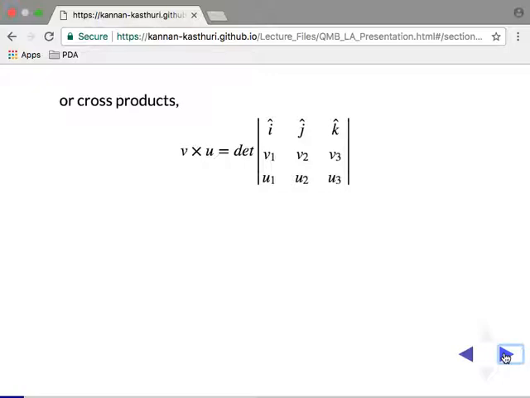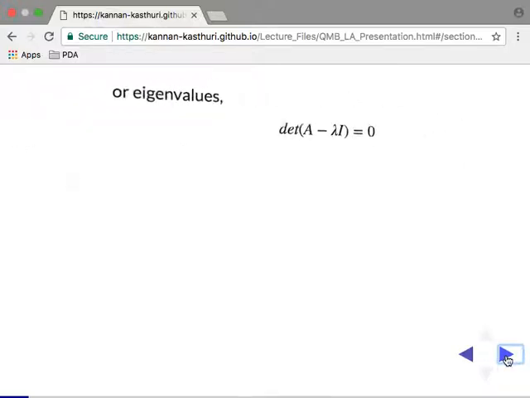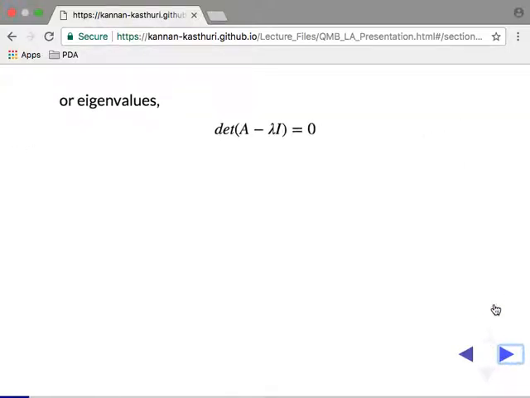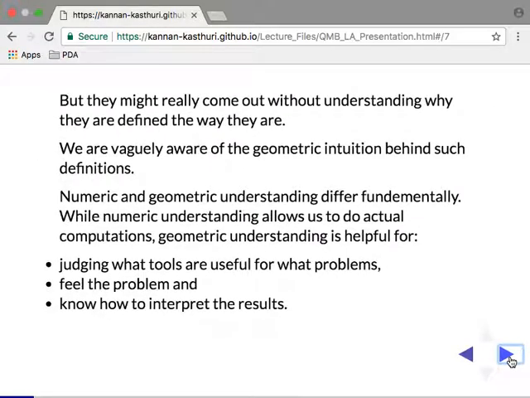You know about cross products? Studied cross products? What are cross products? Or eigenvalues? You remember computing eigenvalues? Okay, that's okay. There are so many things being taught in your elementary classes without even understanding why they are defined the way they are.